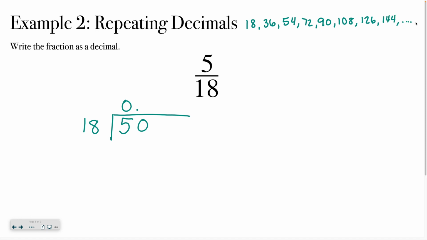So there's just a few of the multiples of 18, and I know I went through those really quickly. I don't expect you to have those memorized. I just took a couple of seconds before the video to calculate out those numbers, okay?